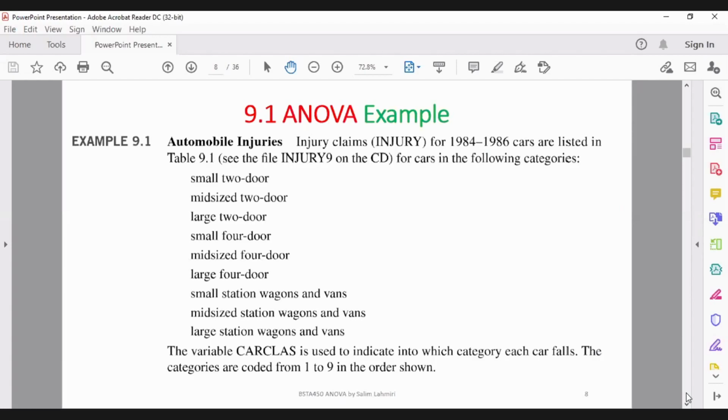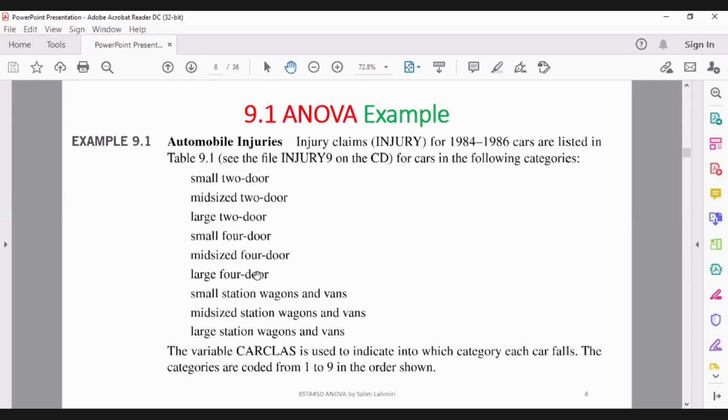Another example, automobile injuries. So, injury claims: this file is injury data from 1984 to 1986. Cars are listed in Table 9.1, in injury 9.5, for cars in the following categories.